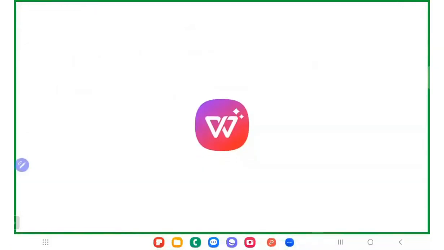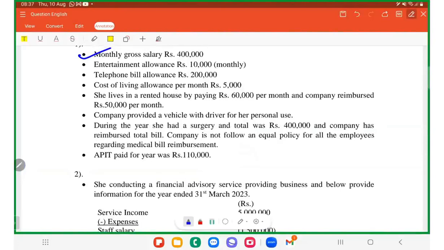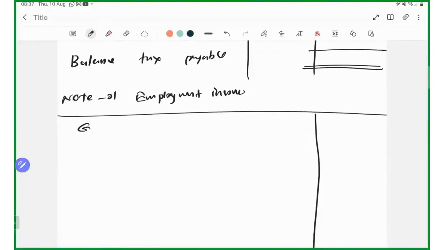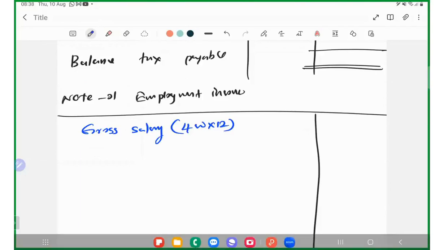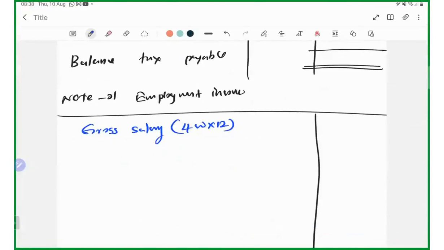Now you can see, my dear students, the monthly gross salary is given as 400,000. So you have to take that as a gross salary, keep in mind. Gross salary per month 400,000 into 12, so that is 4.8 million, rupees in thousand.